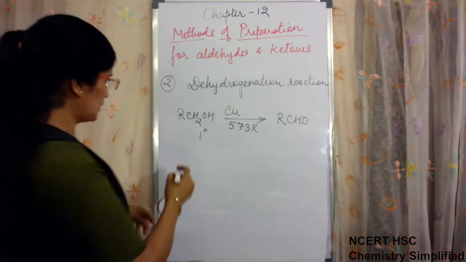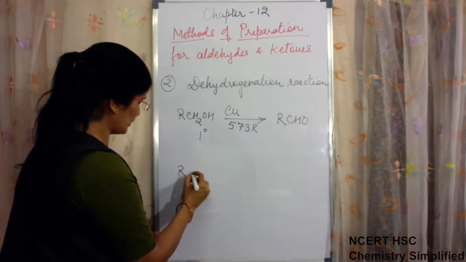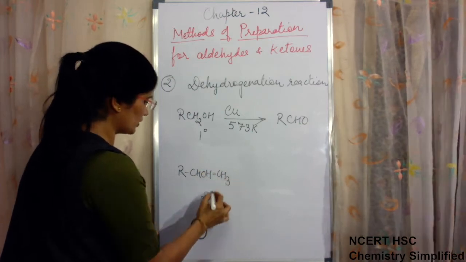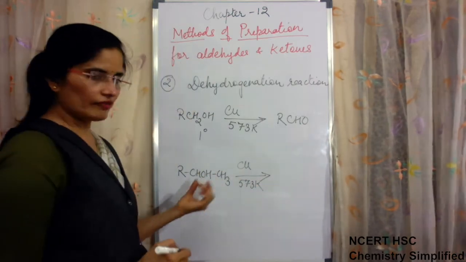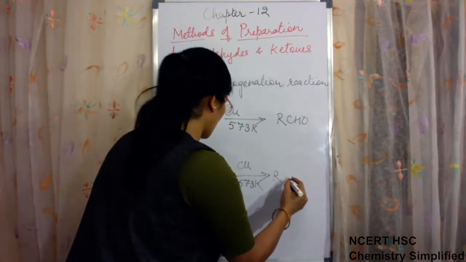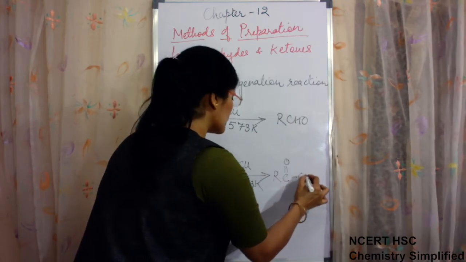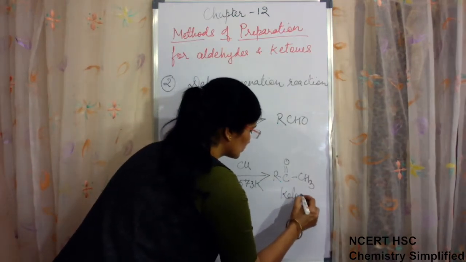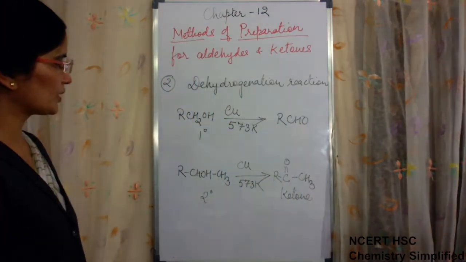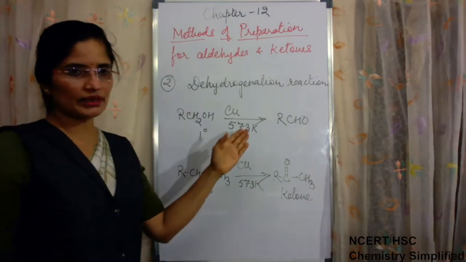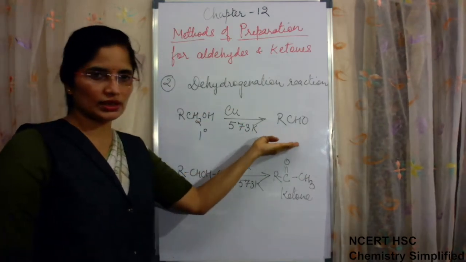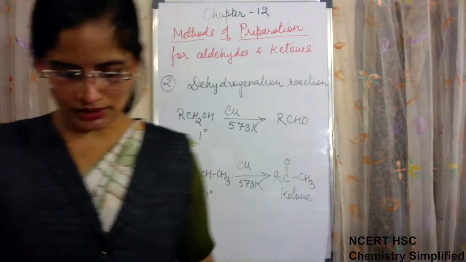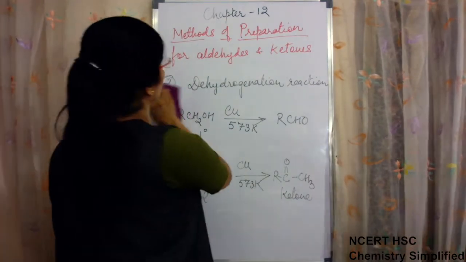Similarly, instead of 1 degree, if 2 degree alcohol is used, CHOH and CH3, this is 2 degree, at 573 Kelvin, it will give us the product RC double bond O CH3. That is a ketone. So this is the second method by which we can produce both aldehyde as well as ketone. Now we come to the third method.